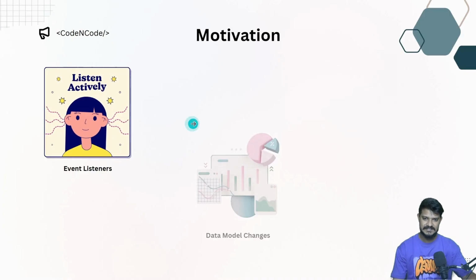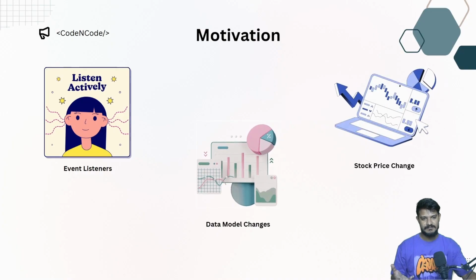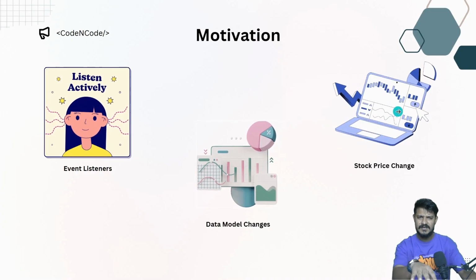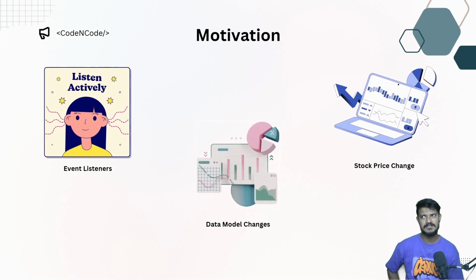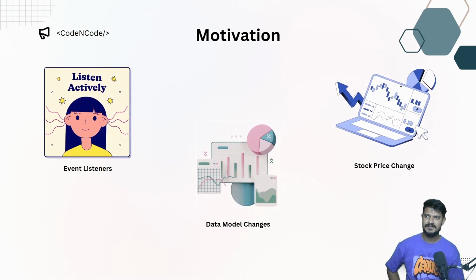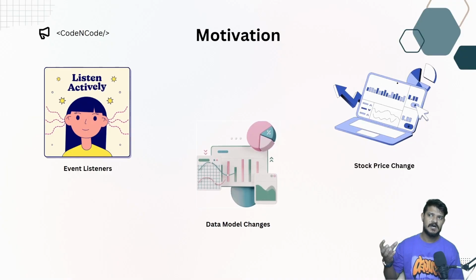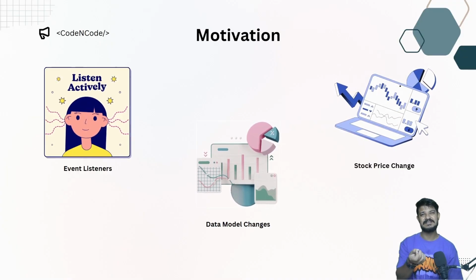So we have event listeners, then we have data model changes. And one of the other examples is stock price changes. If you have used any stock application, be it Zerodha or Upstox or anything, whenever the price of a stock changes, a lot of things get updated.